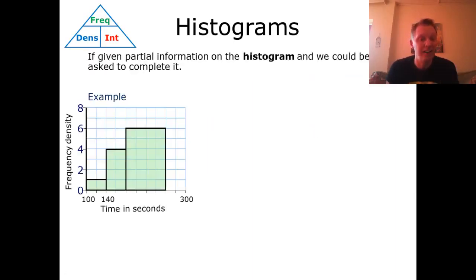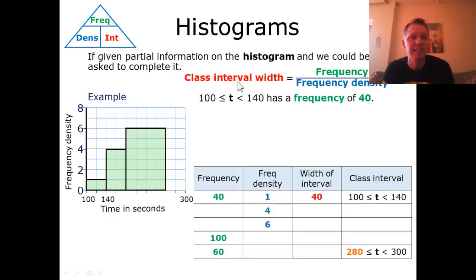So if I was given partial information, here I've got a histogram with a bit of information, and the only information there that I've got is that it's 100 to 140, and I've got 300 on the end, which suggests to me I'd have to add a bar to this. So the class interval width equals frequency divided by frequency density, in which case for the 100 to 140 the frequency is 40.